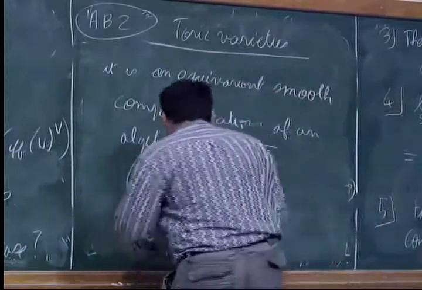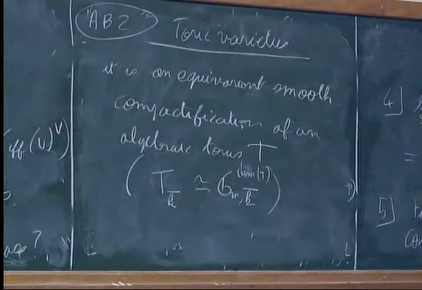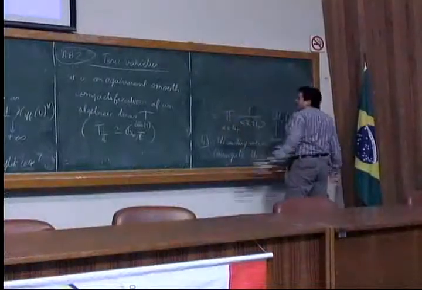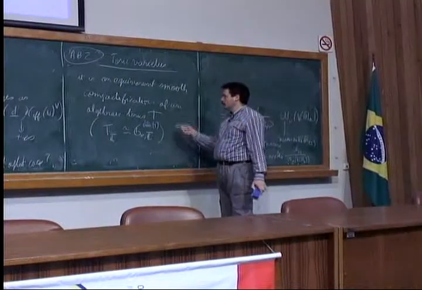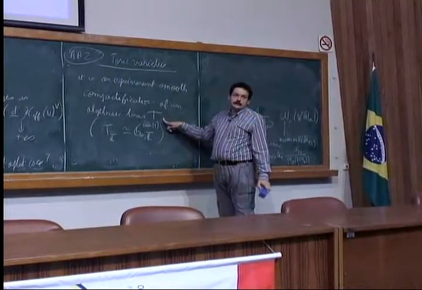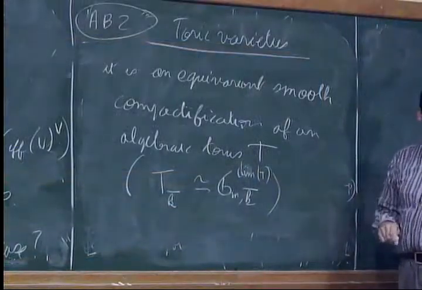Okay, so in that case, there are accumulating subvarieties, namely you see, I take the compactification, so I have an open orbit which is isomorphic to T. And the accumulating subvarieties are the complement of this open orbit.